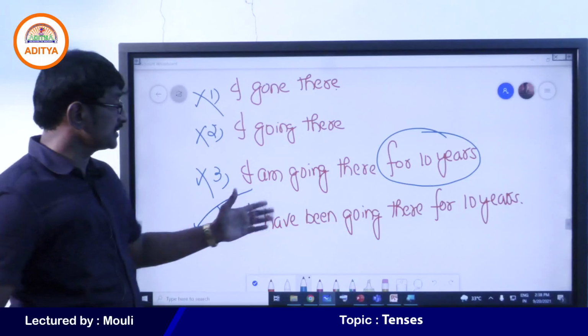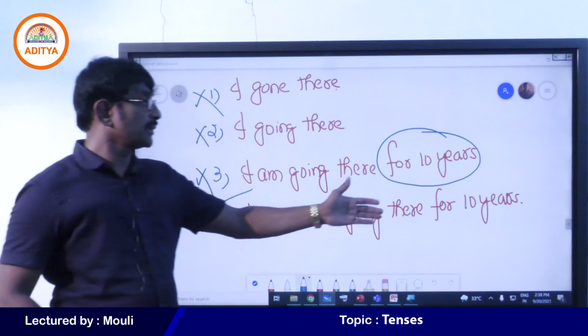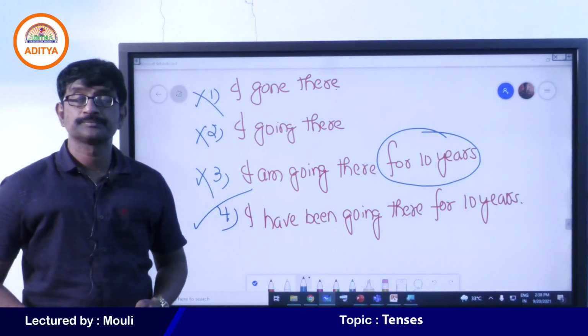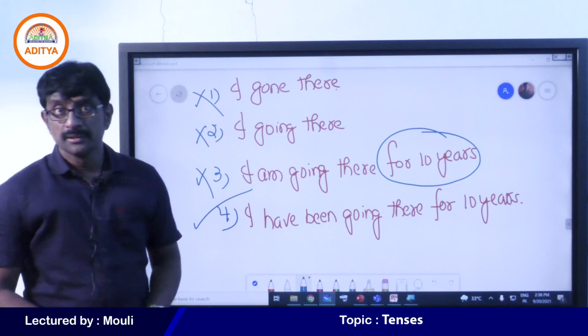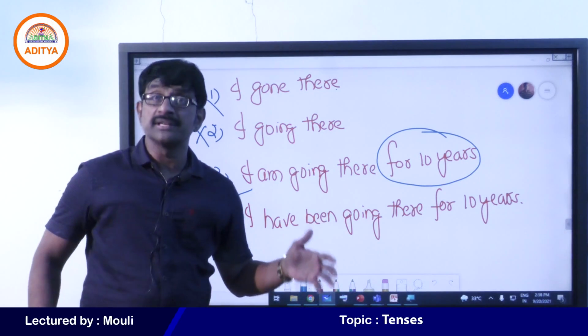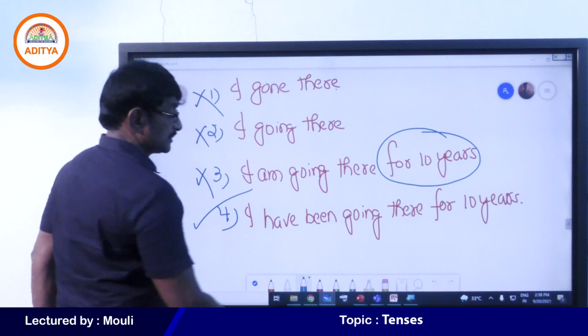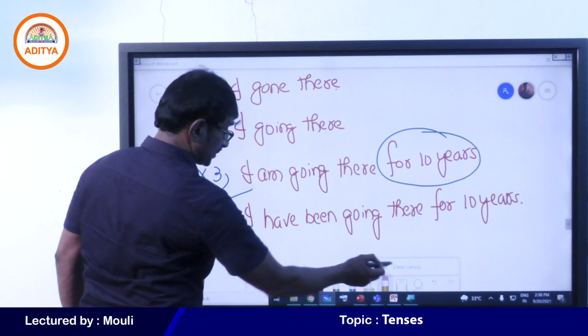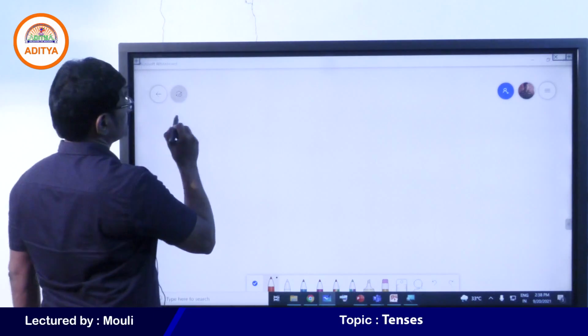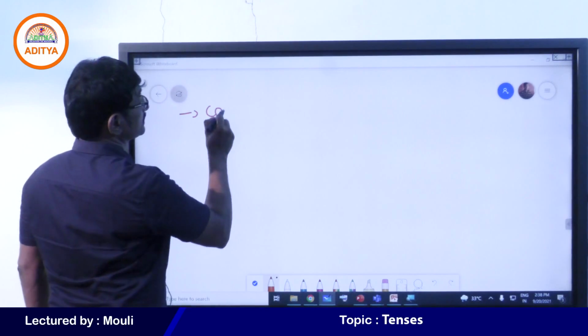That's it. Okay, students, look at this. I have been going there for 10 years. Okay, still let us verify. There are some more things in this present perfect continuous. That is, you take now copular verbs.